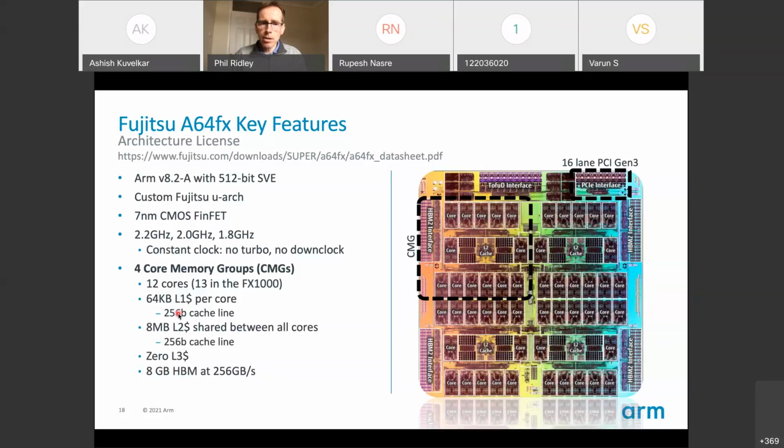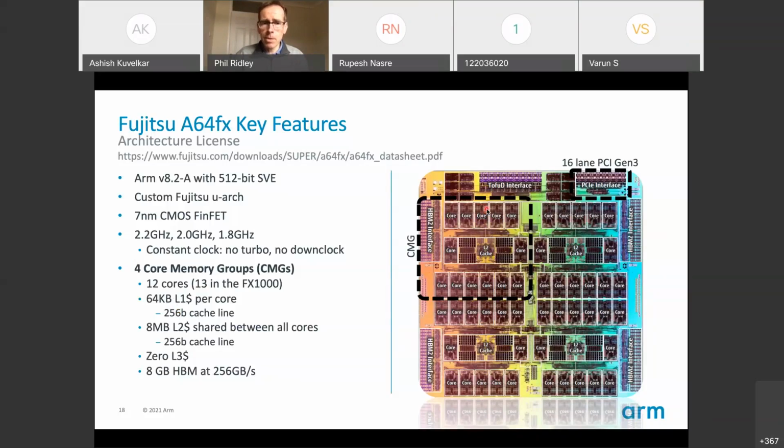It's available in 3 or so different forms in terms of clock speed, but there's nothing like you get on Intel with turbo or things like that. So it's a constant clock speed.